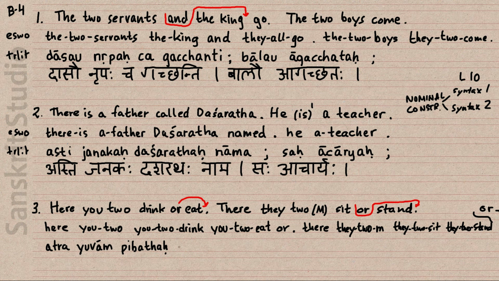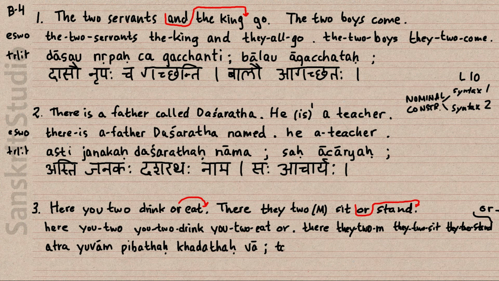And similarly eating here khadati, but khadatha, and then comes "or", va. And the second part here, there, they two, and I'm doing it in English, it's a little too easy.